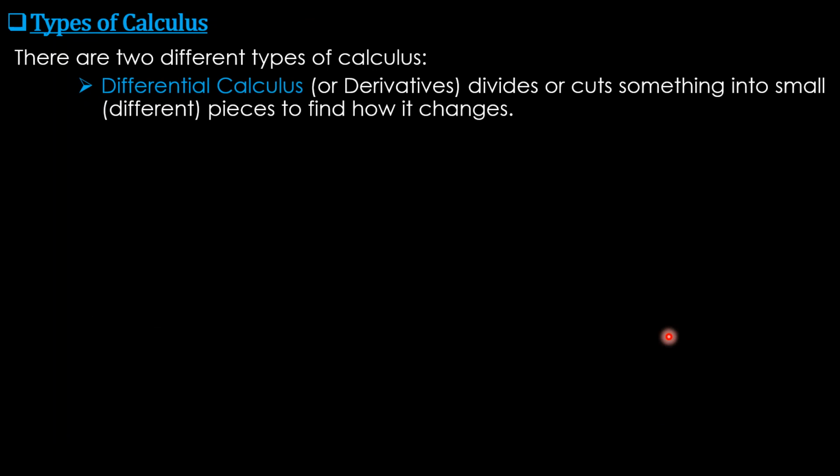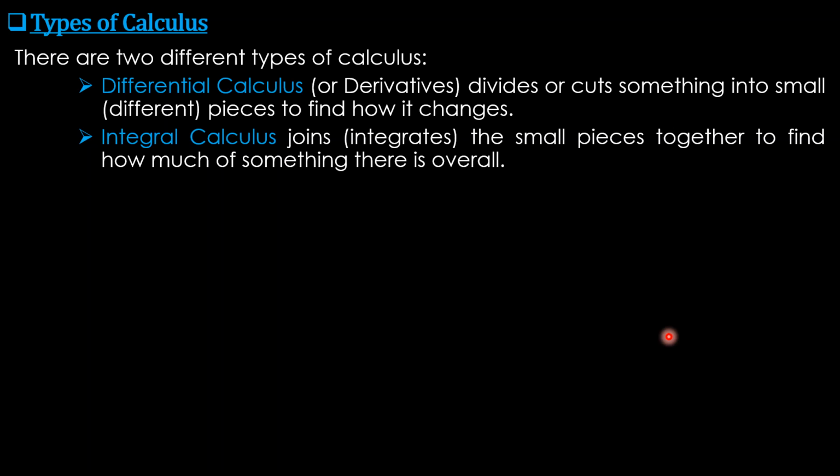Now types of calculus. There are two different types of calculus: differential calculus and integral calculus. Differential calculus or derivatives divides or cuts something into small or different pieces to find how it changes, whereas integral calculus joins or integrates the small pieces together to find how much of something there is overall.